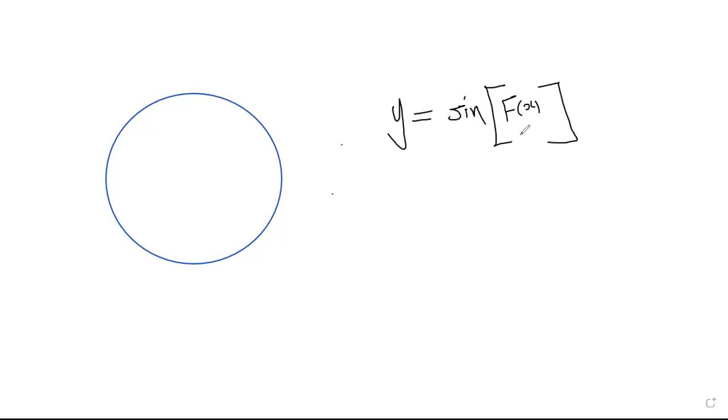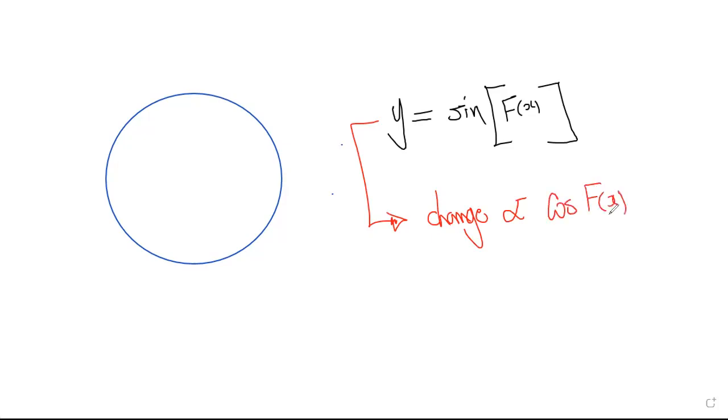And when we are there, sometimes you want to find how fast or quick the function is changing. In that case, you can develop a formula. You say that the rate of change of the function is proportional to the rate of change of f of x, also to the cosine of f of x.